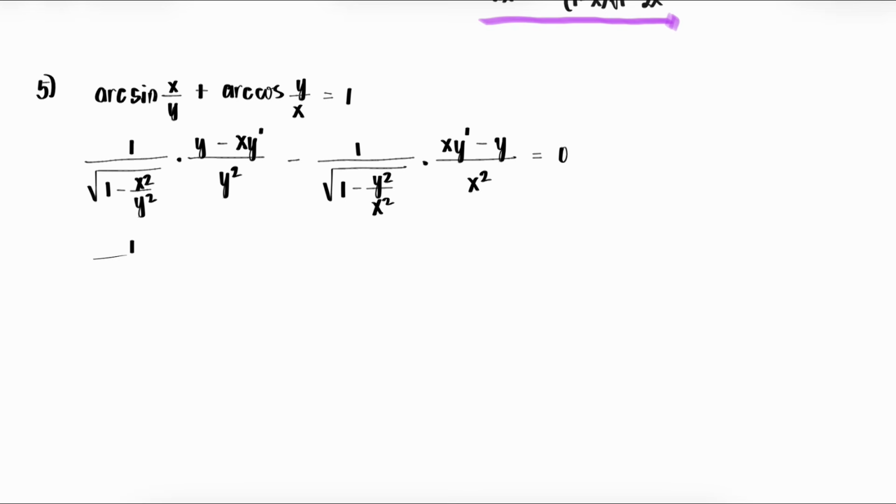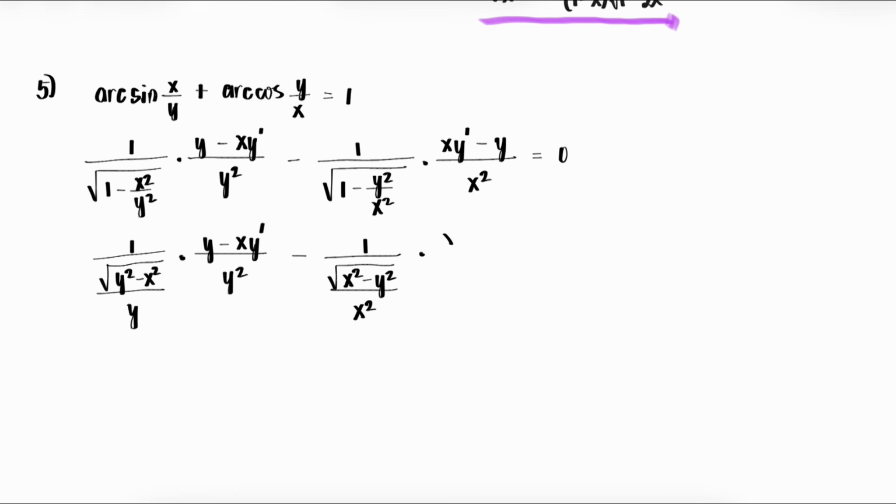So we're going to simplify the fraction. This is now 1 divided by the square root of y squared minus x squared over y, times y minus xy prime over y squared. Minus, simplifying, this is 1 divided by the square root of x squared minus y squared all over x, times xy prime minus y over x squared, equals 0.